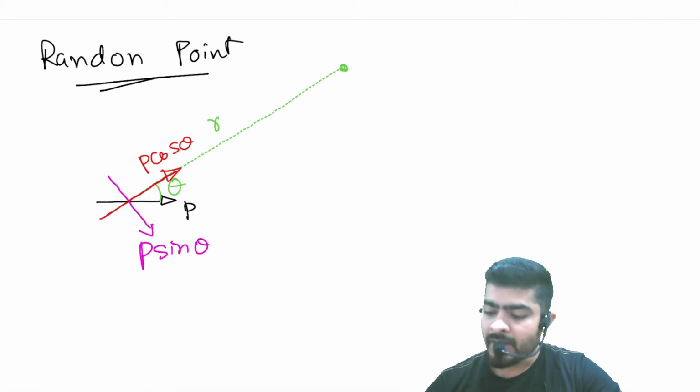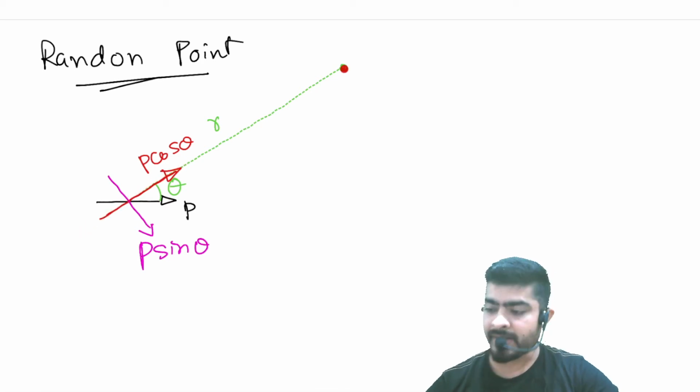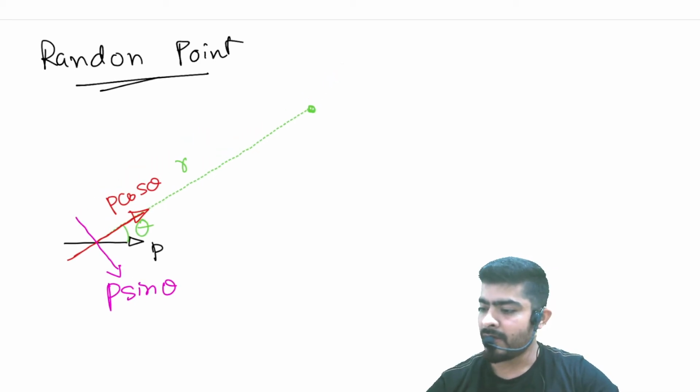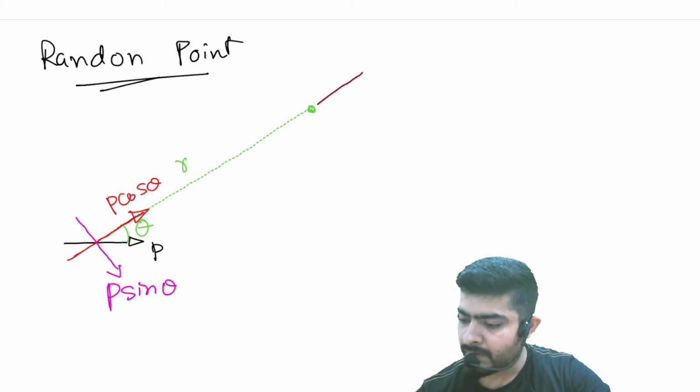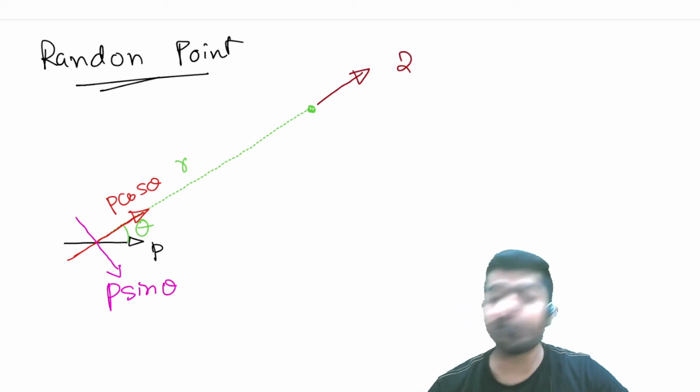First of all, due to this dipole, what is the electric field at this point? What is the formula for electric field on the axis? It is equal to 2kp by r cube.